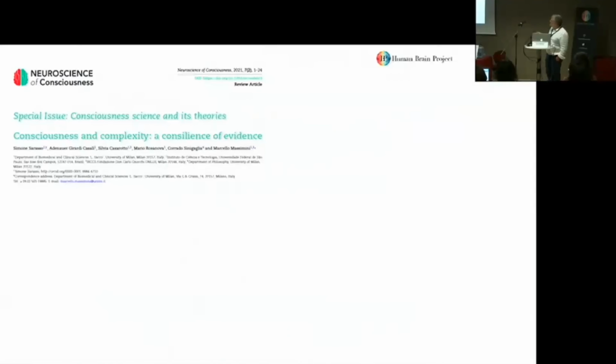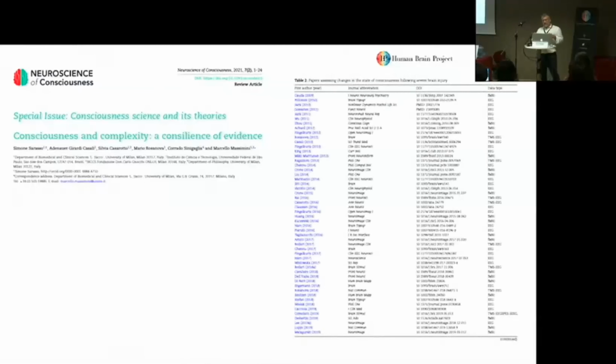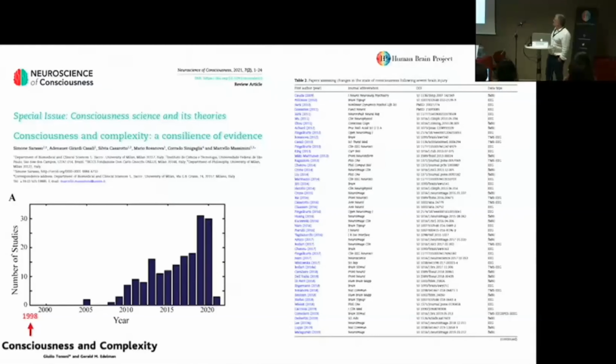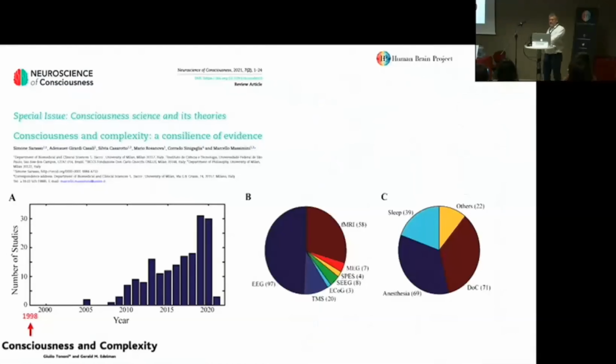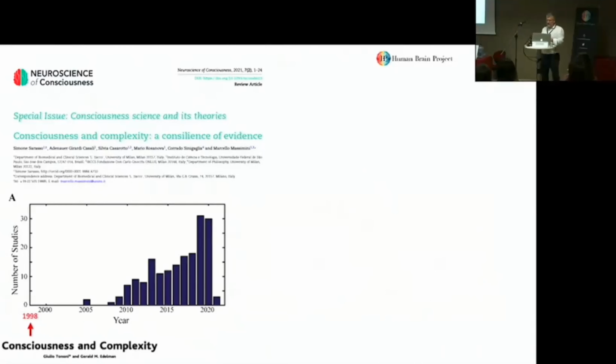Recently we have published a meta-analysis in which we went through the papers published after the paper by Giulio Tononi and Gerald Edelman, and we identified 182 papers that link consciousness and complexity, using different techniques and across different scales, and also animal models.